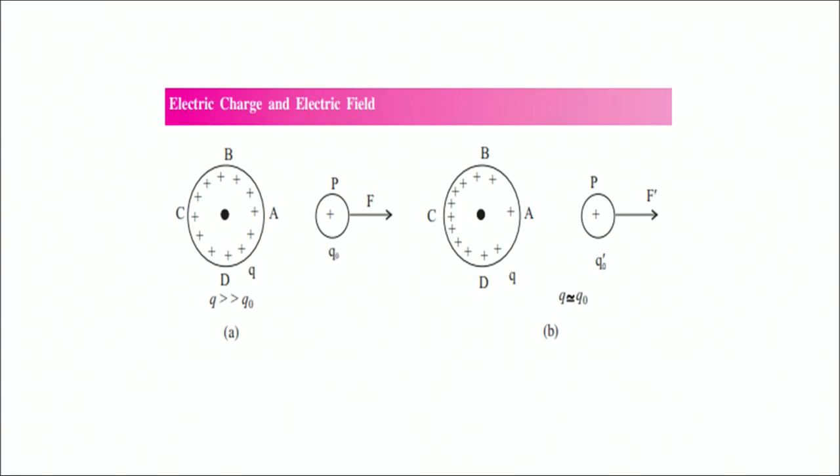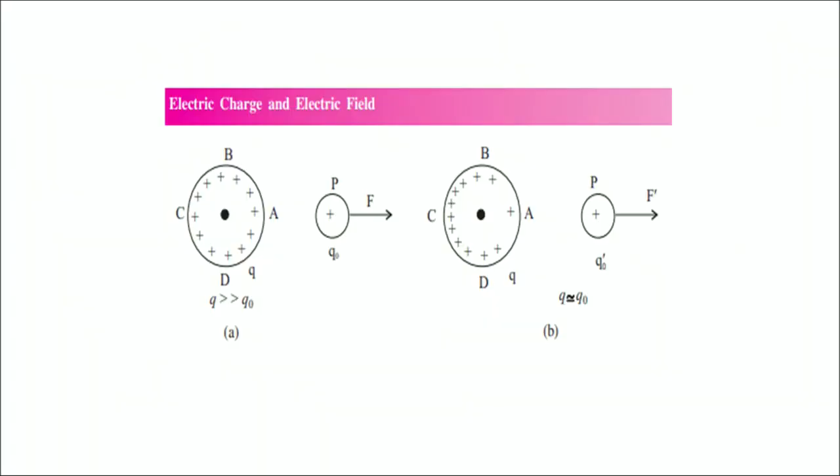In the second case, if the charge Q naught is nearly equal to the charge of the charged body whose field is to be determined, then it will definitely change the distribution of charge on the surface of the charged body, and it will result in a change in the electric force also.